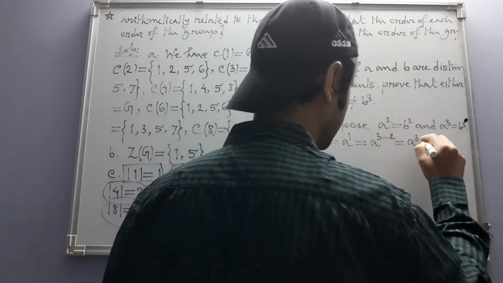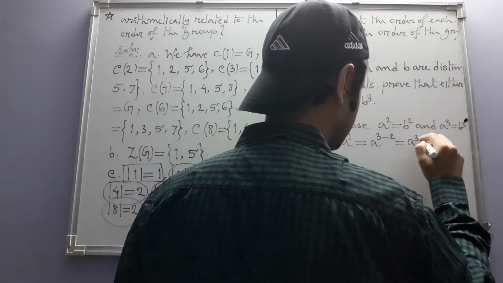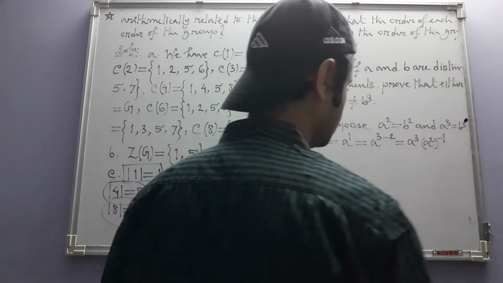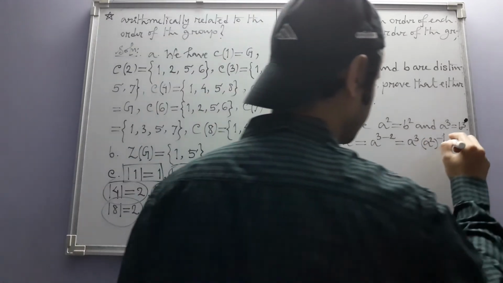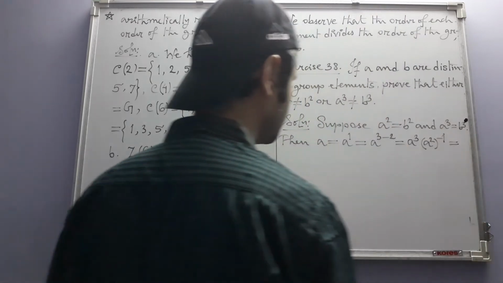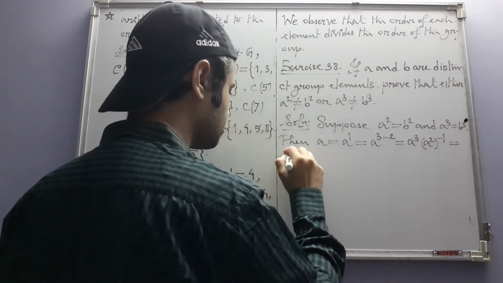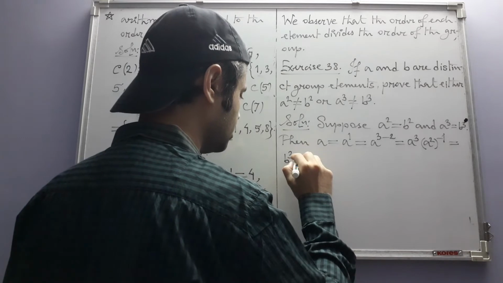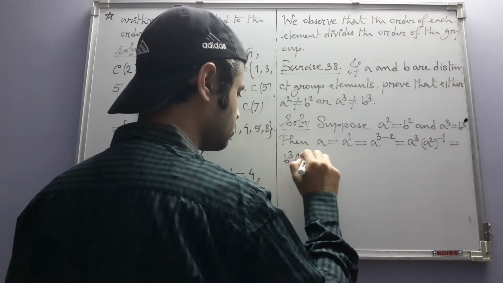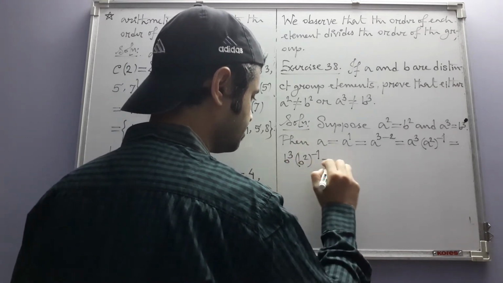So this is a cubed times a squared inverse, using the rules of exponents. Now this becomes equal to, because a cubed is equal to b cubed, we have b cubed here. a squared is equal to b squared, so we have that also.